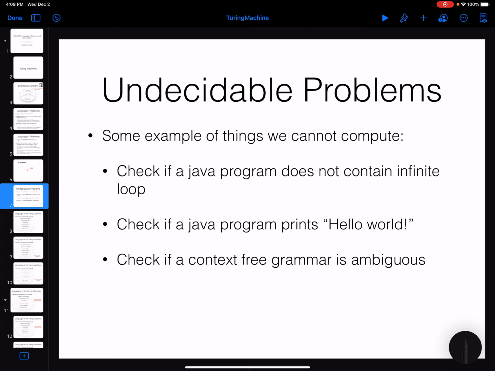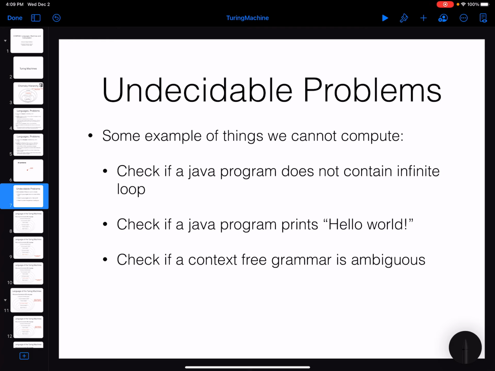This is an example of an undecidable problem, which is also interesting for us, but you cannot write a program for that. Or for example, a problem as simple as this: you want to write a program that you pass a Java program to, and it should tell you whether this program prints some phrase, for example, hello world, or not.